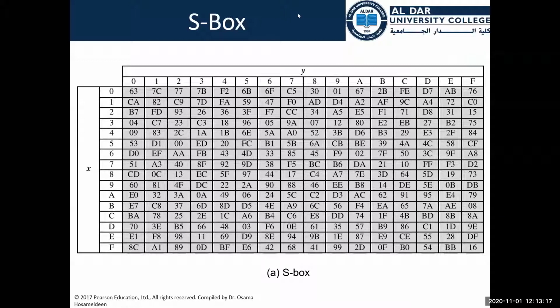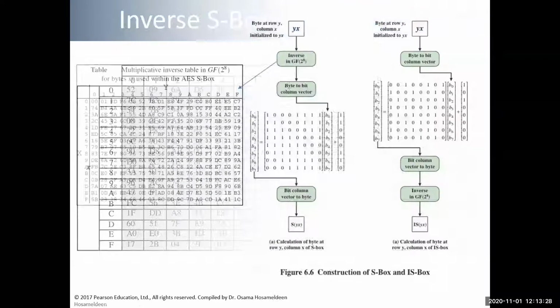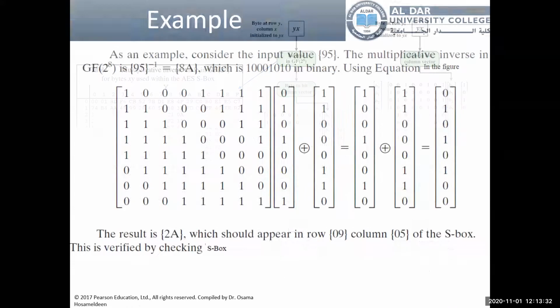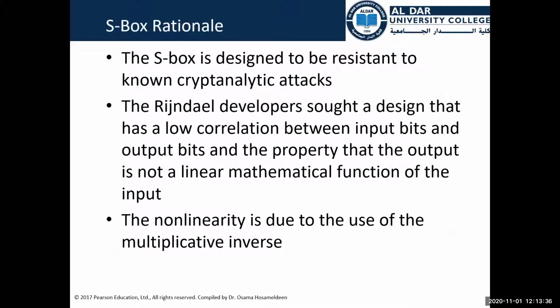Okay, Saif, you reminded me at the end of the lecture. So the S box and inverse S box operations are done by this algorithm, and we understand it with one example.